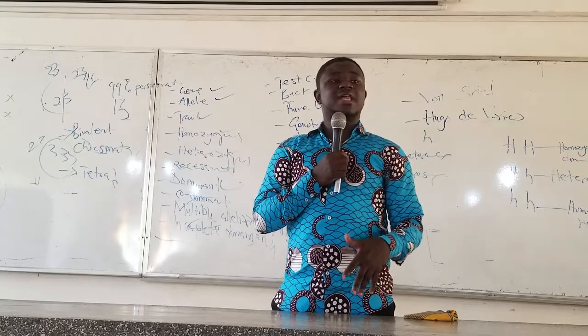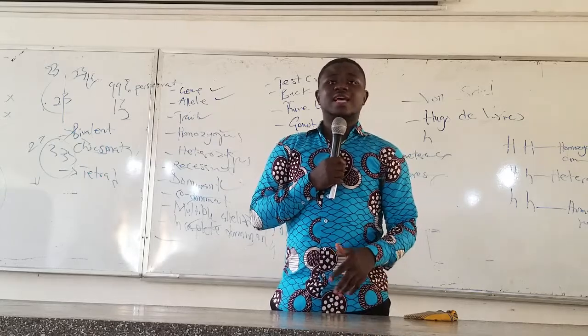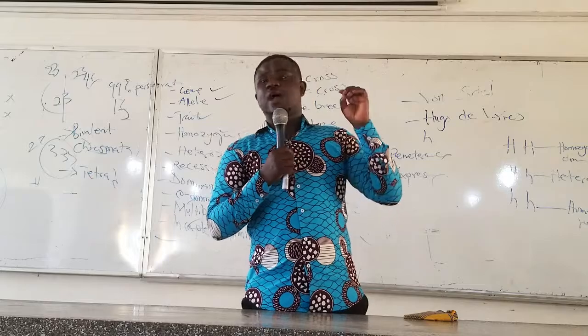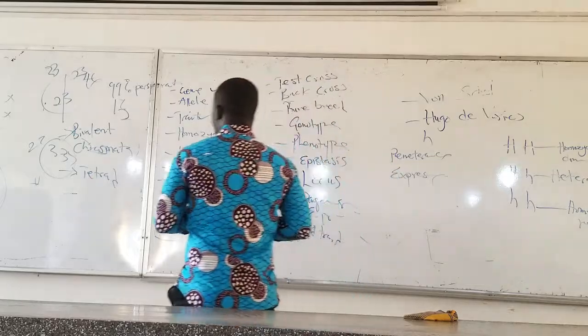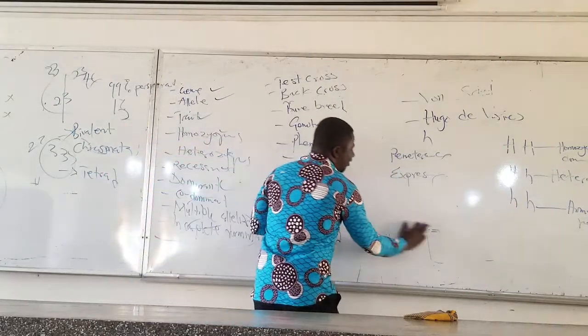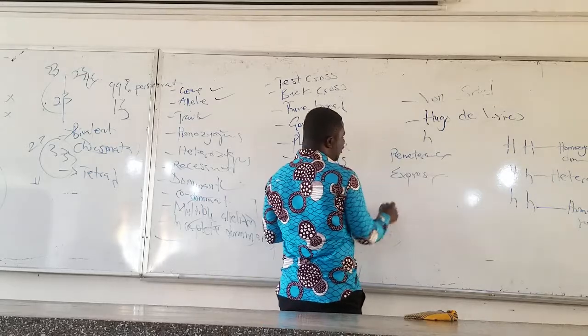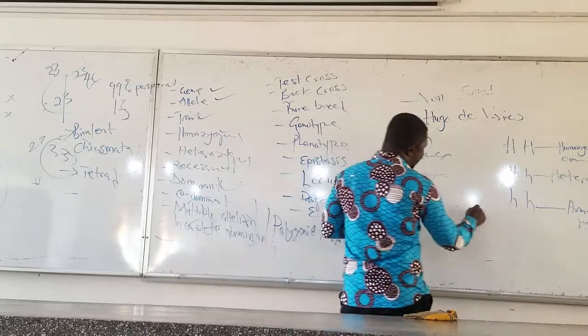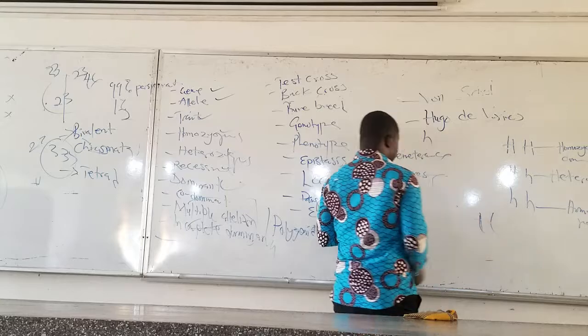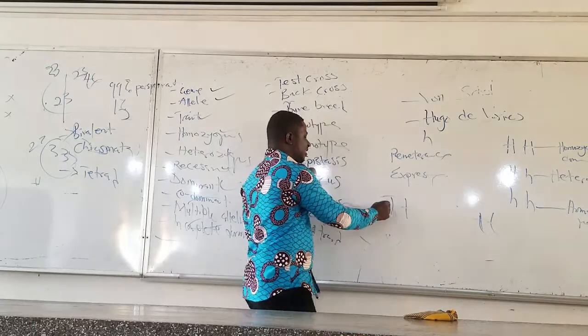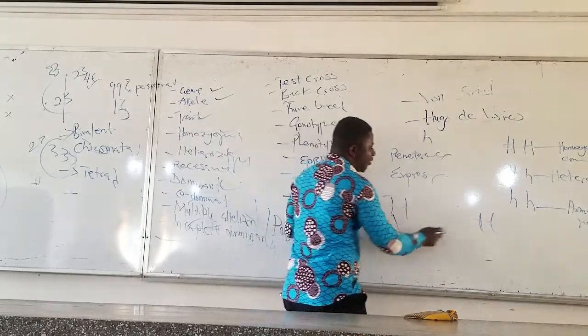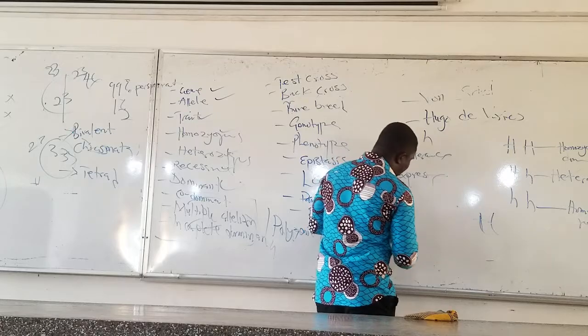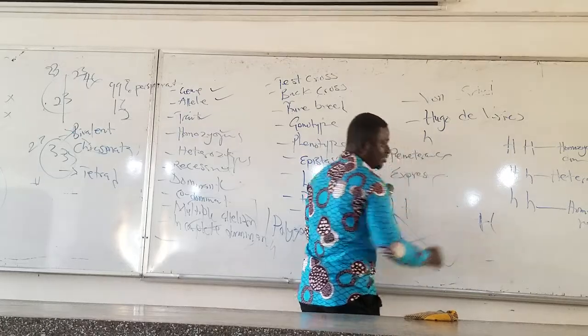Then the law of independent assortment. That shows that when you are doing a process in genetics, for example, you have a parent who is tall, big T, small t, with another parent who is this. You realize that this one can combine with any one of these. It can combine with this and combine with this.